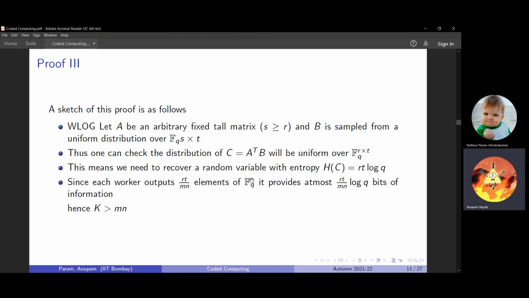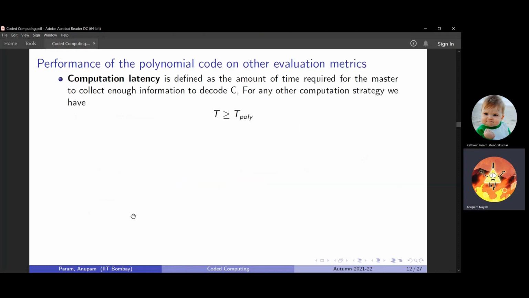The total information in the random variable is this much, and a simple division would tell you that k has to be greater than mn, because this is the max a single worker can provide. So we'll have k greater than mn.